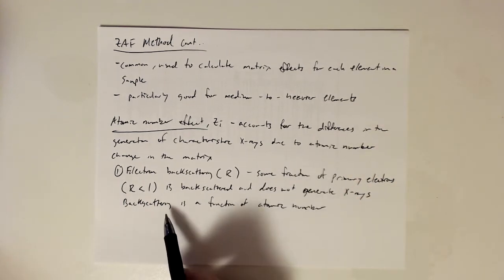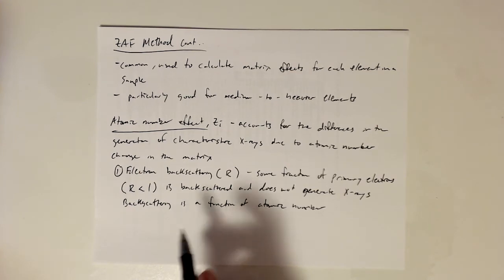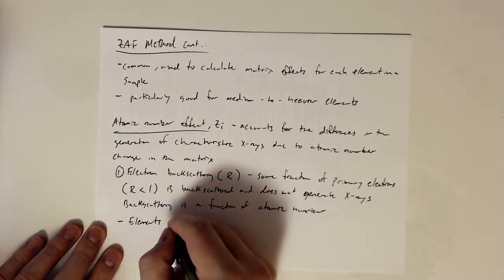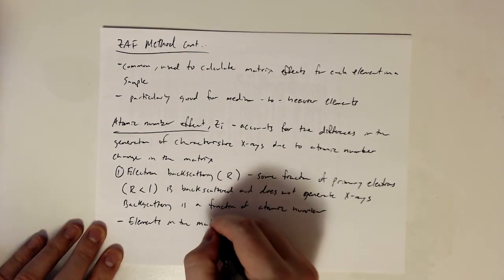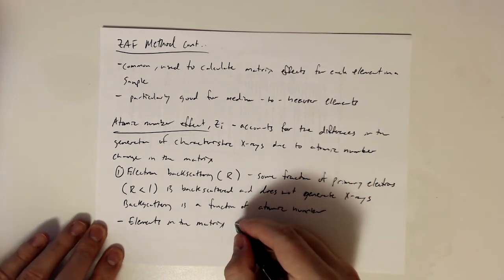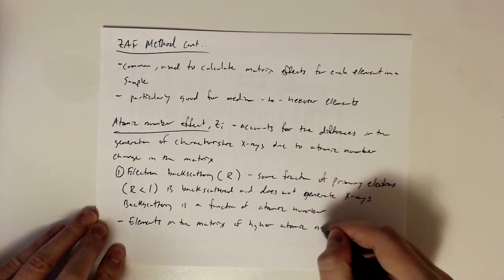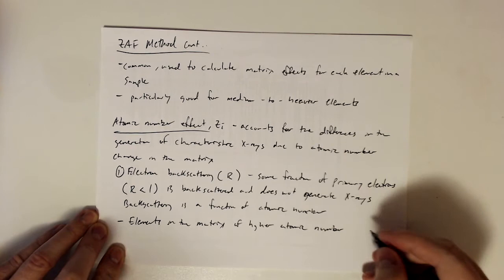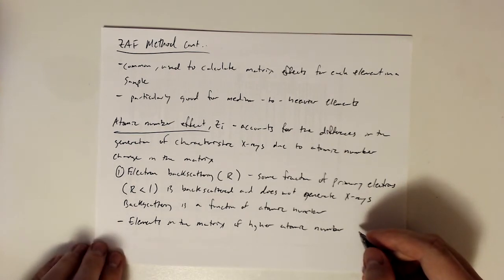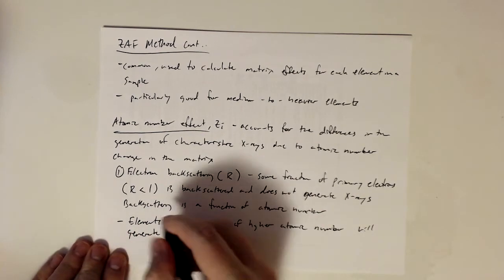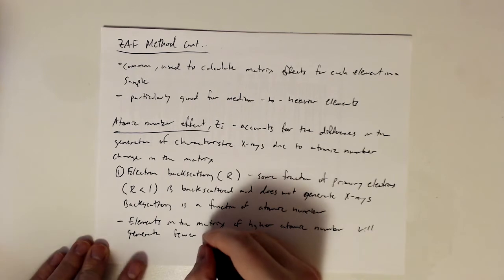We actually use backscattering in SEM to do a certain type of imaging mode, but we'll get to that later. The main takeaway from this is that elements in the matrix that have higher atomic number will generate fewer characteristic X-rays.